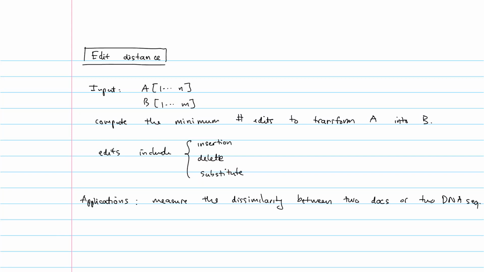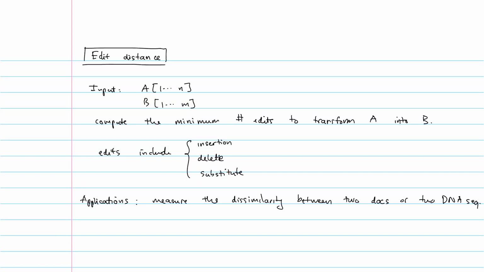So if you have two documents, you can use the edit distance to check how close or how dissimilar they are from each other. Alright, so how do we go about solving this problem?